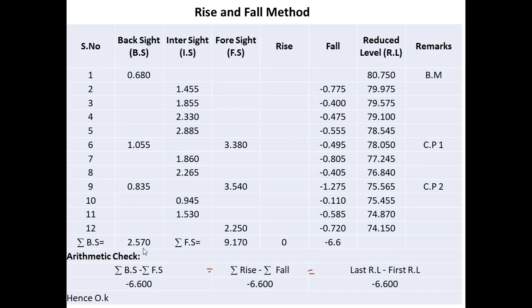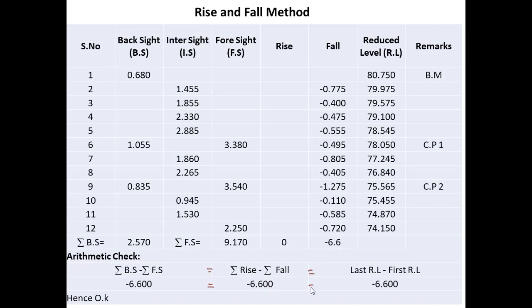The sum of backsight readings is 2.570 and the sum of foresight readings is 9.170. Their difference is minus 6.600. Similarly, in the sum of rise column there is no reading, so 0. The sum of the fall column we are getting is 6.600, so their difference becomes minus 6.600.